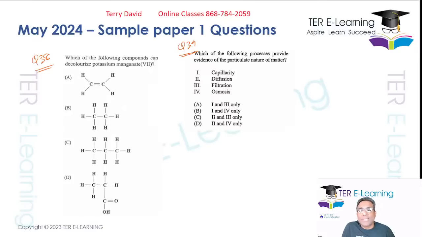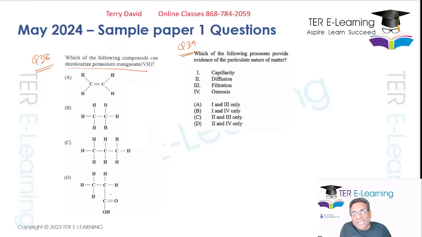What do you all think is the answer for question 38? I've seen people getting A as the answer. Let's see if that makes sense. So decolorize potassium manganate 7, right? I'm now watching this question here.